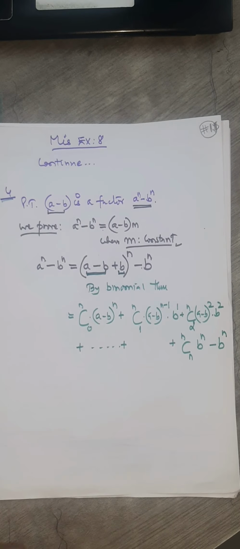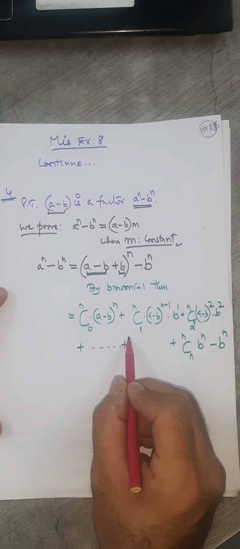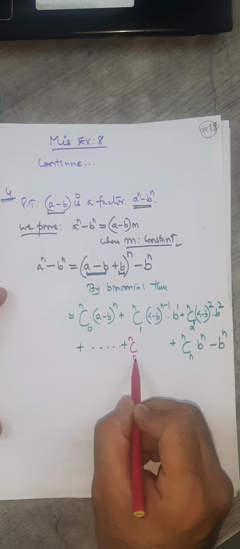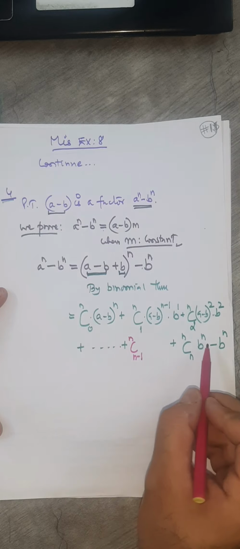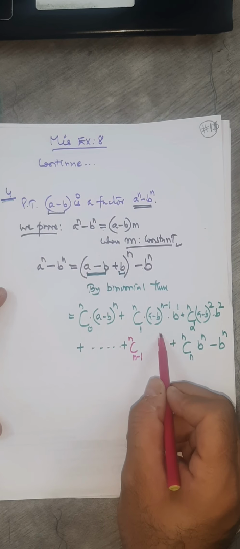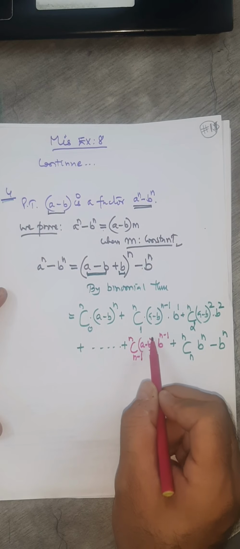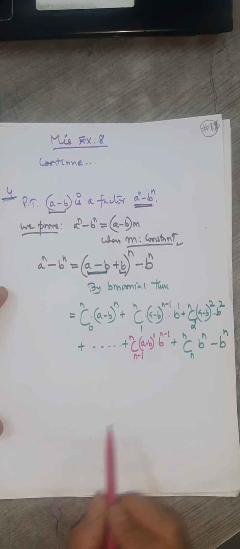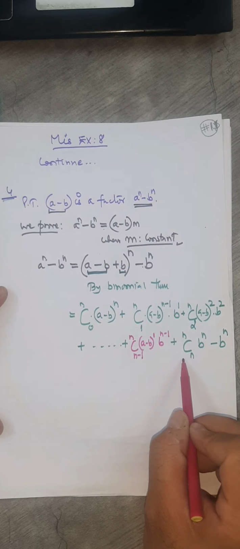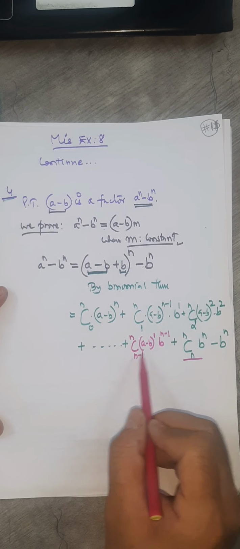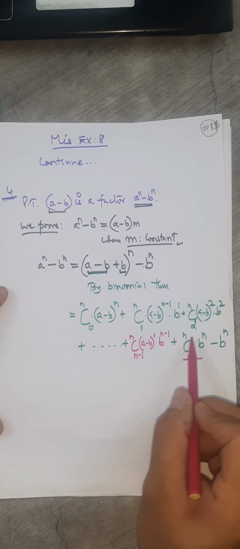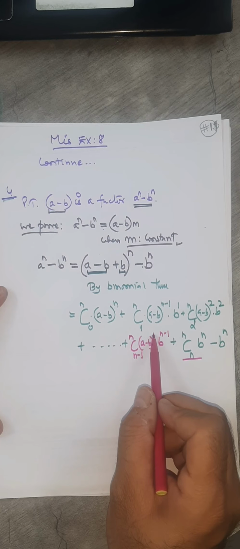That is already there. I want to write the previous term also. What's the previous term? nC(n minus 1). Here the power of b will be 1 less, n minus 1, and the power of a minus b will be 1, remember. This is the last term and I wrote the previous term. Here the power of a minus b is 0, so in the previous term the power of a minus b has to be 1.